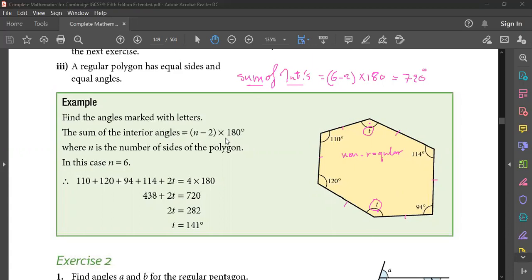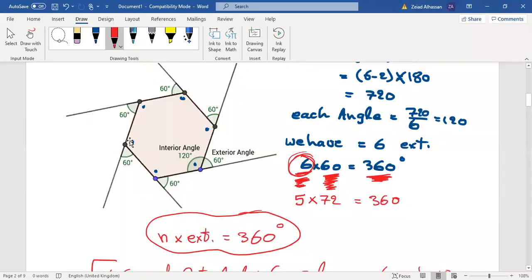In case we have a regular hexagon, all exteriors are equal and the number of sides times the exterior equals 360, in a regular hexagon or pentagon or whatever. This rule is used: number of sides times the exterior, if we have the same exterior for all of them.